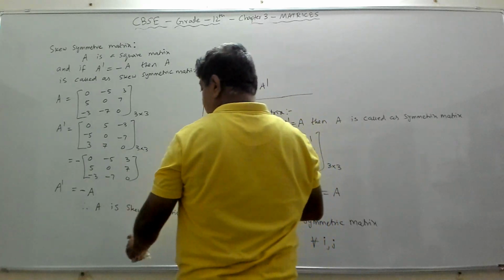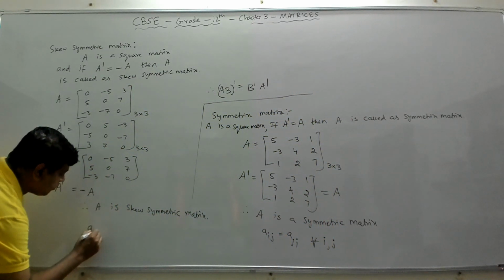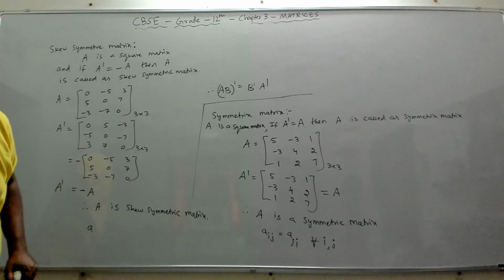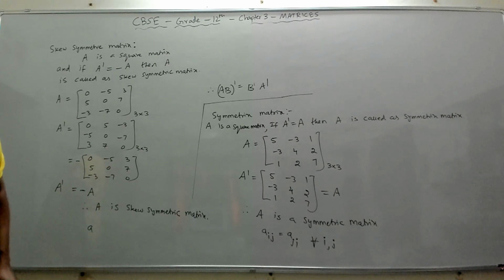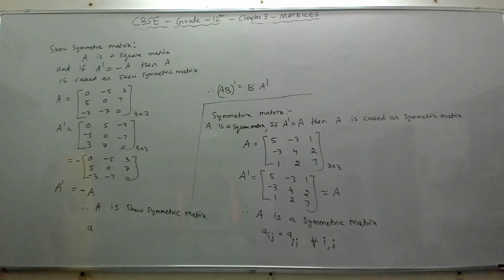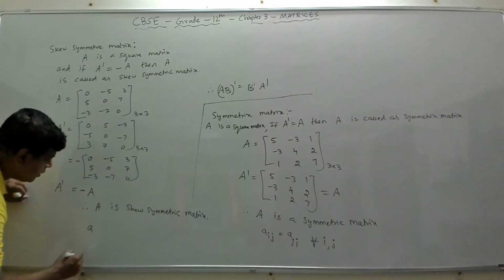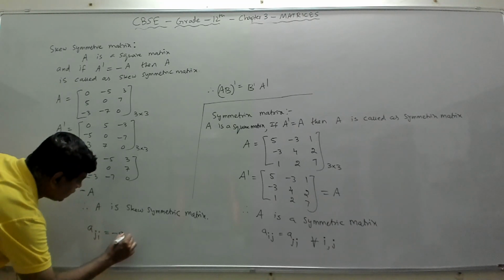Because in short, how do we say it in terms of notation? Your Aij or your Aji, we can write it the other way. Here I will say Aji equal to minus of Aij.